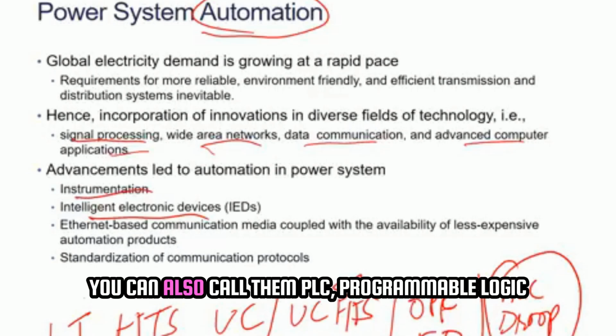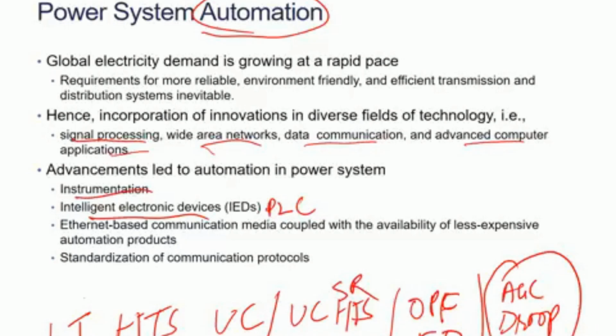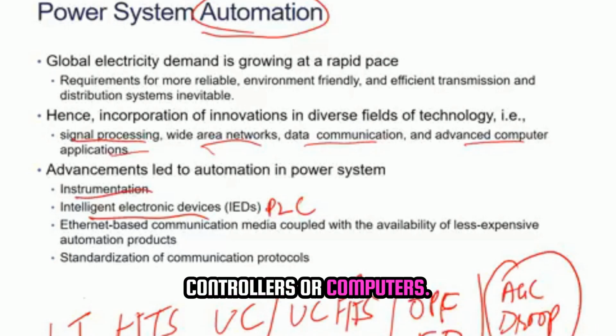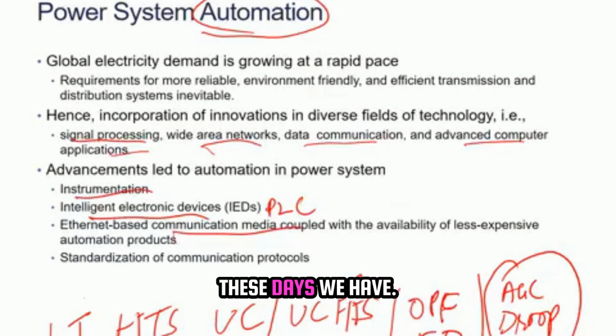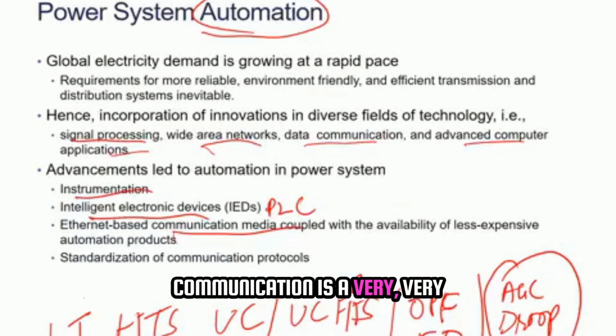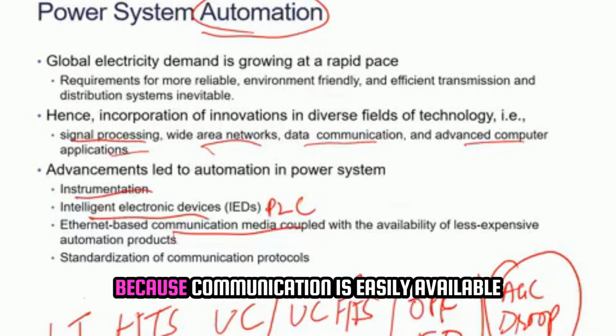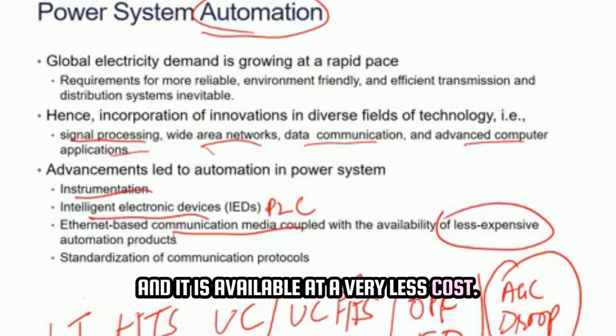You can also call them PLC, programmable logic controllers, or computers. They are even more smart. They can automatically take decisions, and these days communication is very influential in all of this, because communication is easily available and at a very low cost.